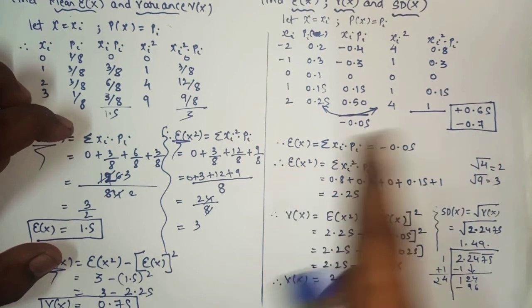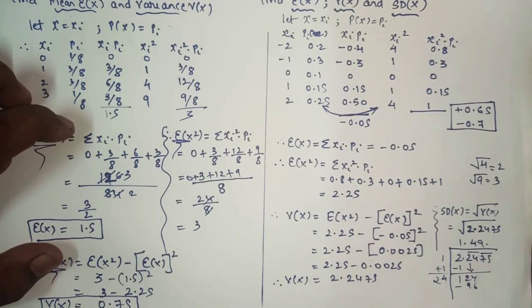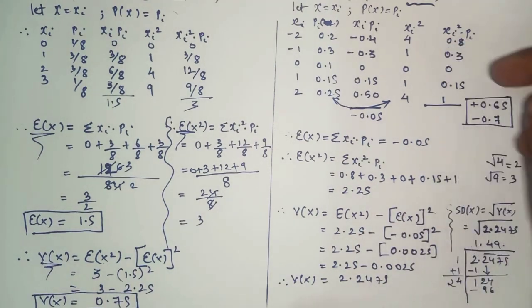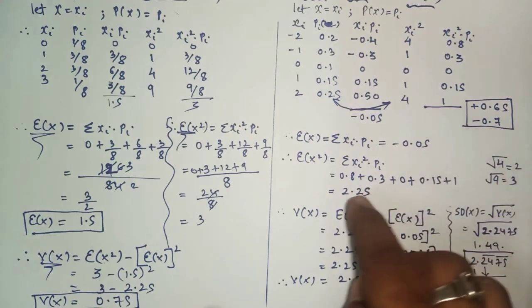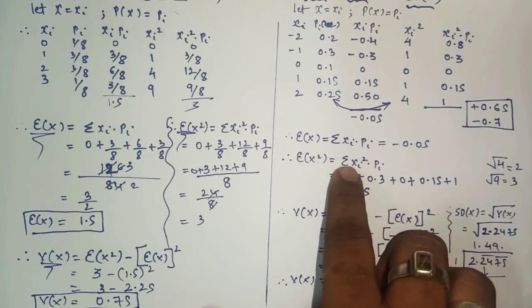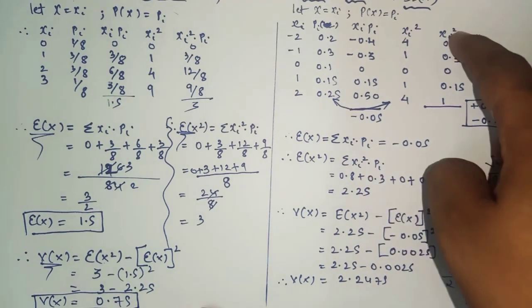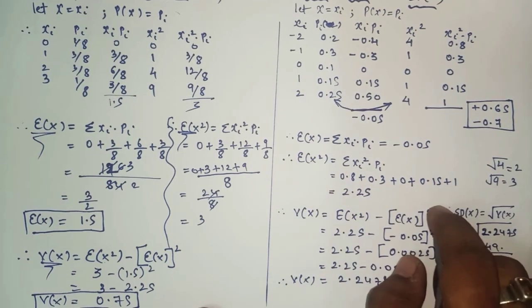There are two ways you can show this step. Or add the numbers here itself, you will get the value, and that value you substitute here. Okay, here also for xi squared into pi, no need of showing this step in the board exam.